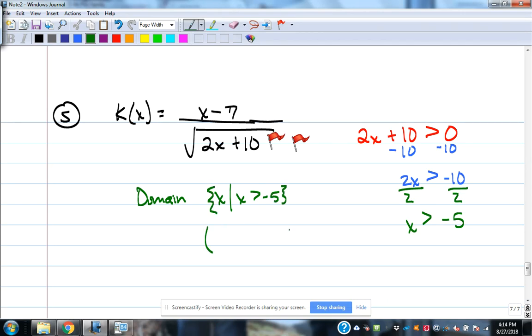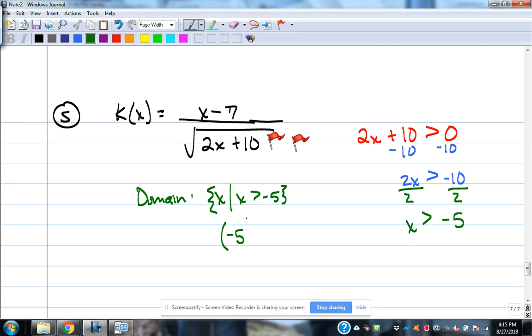What is that as interval notation? What's the smallest number it could be? Negative 5. Do we put a bracket or a parenthesis? Parenthesis, because there's no equal to mark.